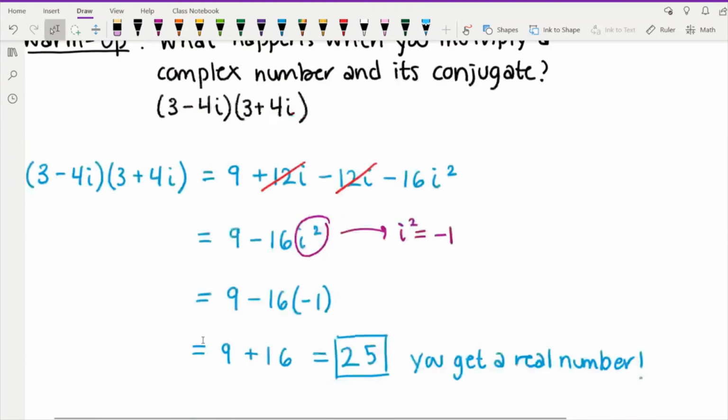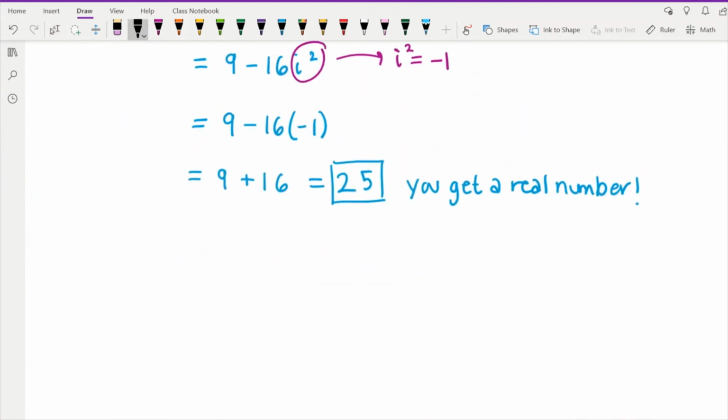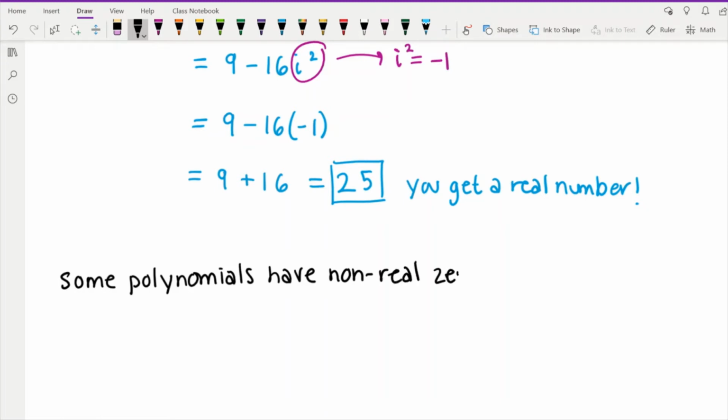So I just want to make a quick note of what we just said on this first page, just so that you have it all in one place. Basically what we figured out from that example is that some polynomials have non-real zeros, so zeros that are not real numbers.